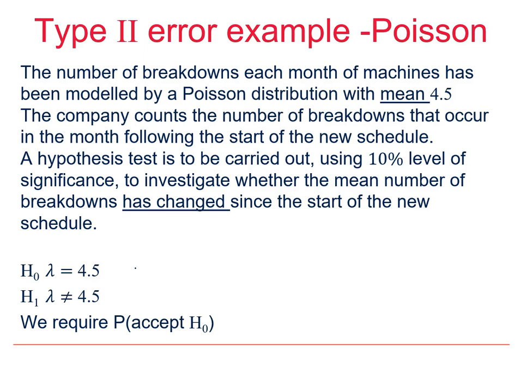Again, we need to find when we would accept H0. So we need to find the rejection, the critical values, and we need to then work out what range of outcomes could happen for the number of breakdowns occurring in the month following the start of the new schedule that would lead us to decide that we'd accept H0.